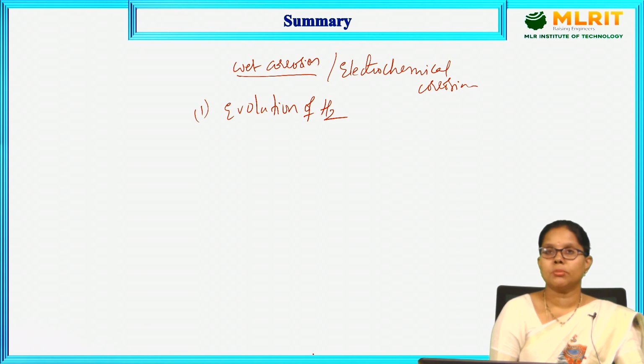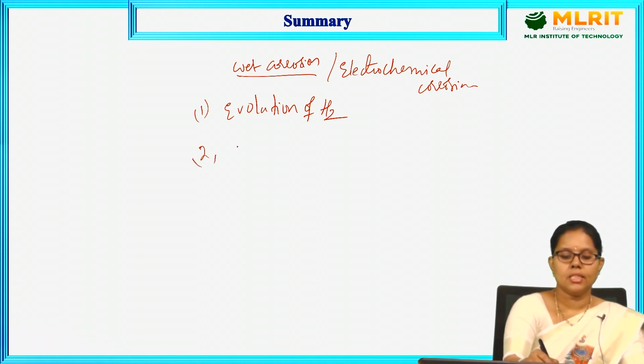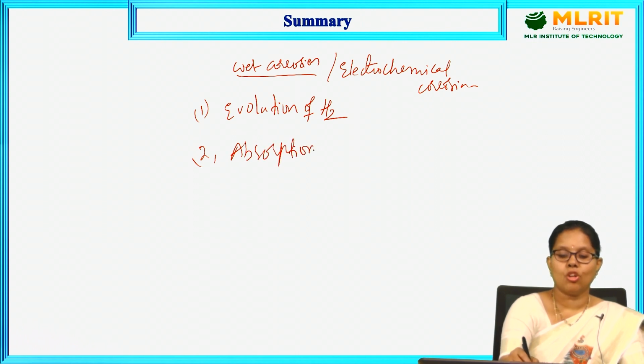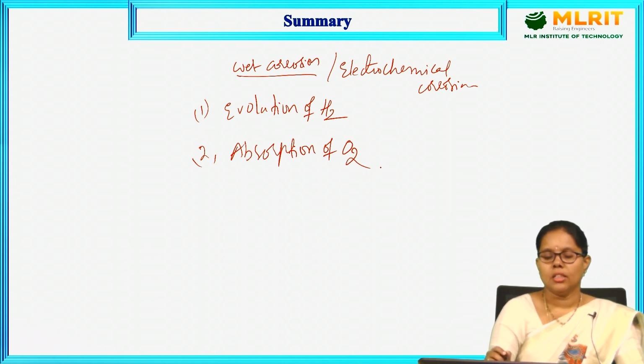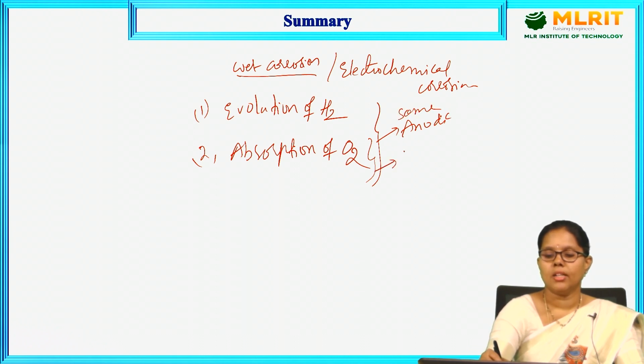Evolution of hydrogen takes place in the acidic medium. The second case is absorption of oxygen, where the oxygen is consumed. In both the reactions, the anodic reactions are the same, but the cathodic reactions differ.